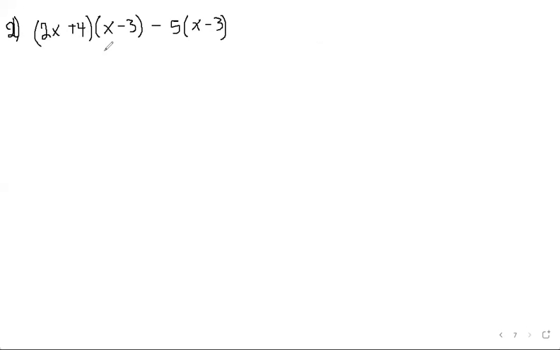So what's the greatest common factor between this term and this term? We have two terms. Look, it is x minus 3, Angel. That's true. So we're looking for the greatest common factor between this term and this term. It's x minus 3.